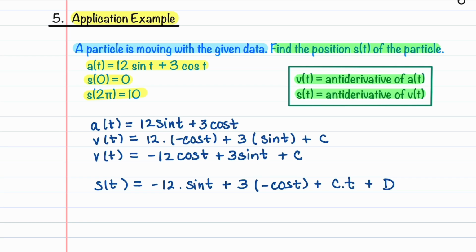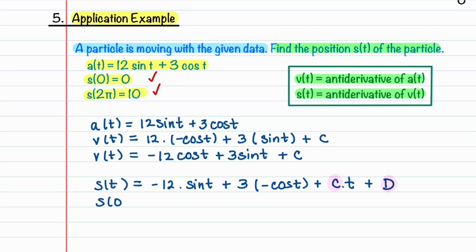Now what we need to do is find what c is equal to and what d is equal to. And to do that, we are going to use what we were given originally back up top here, that s of 0 is 0 and s at 2 pi is 10. Let's first let t be equal to 0. So s at 0 is going to be minus 12 times sine 0 minus 3 times cosine 0 plus c times 0 plus d.